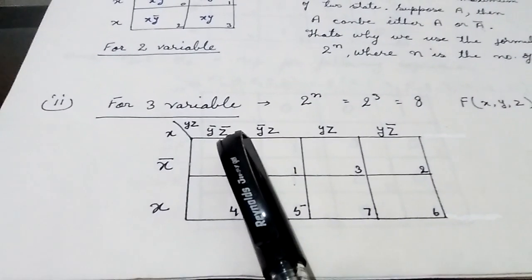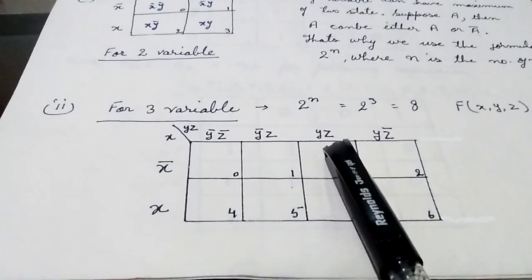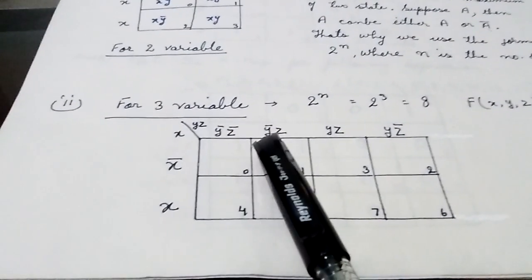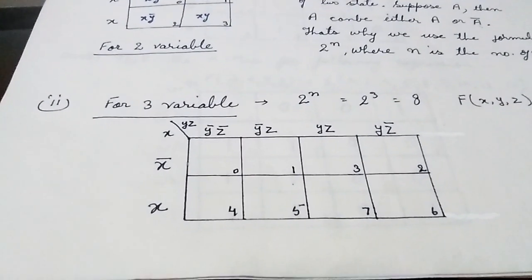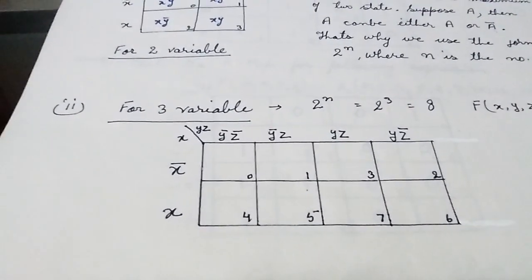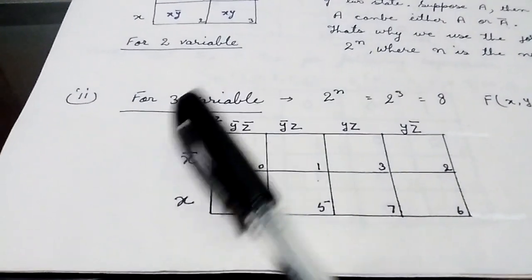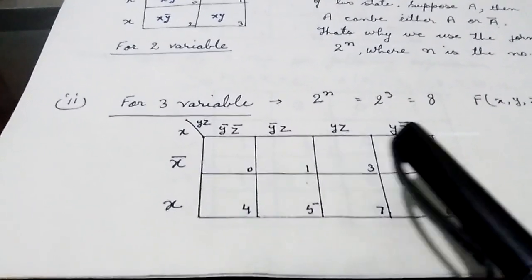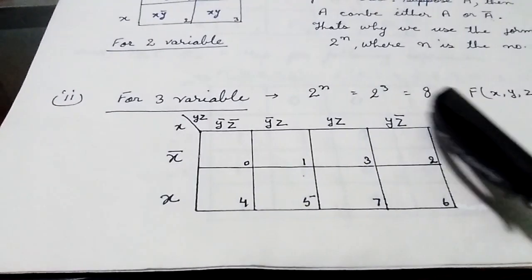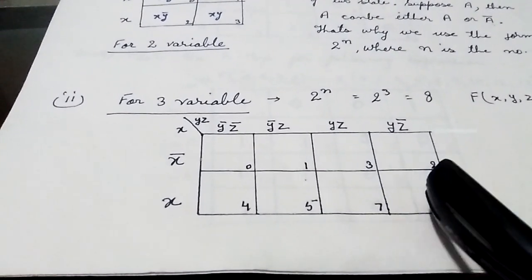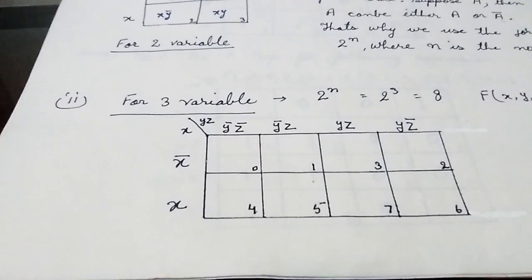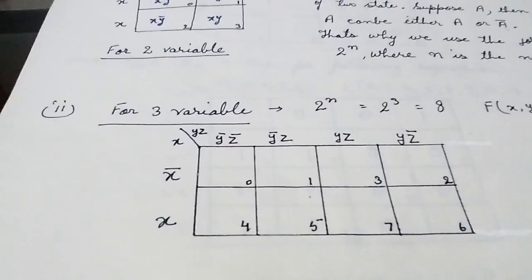The first one y bar z bar, third one yz, then we bar the first y, and the second y z bar. If you remember this combination, it's good. If you don't remember, you can derive the yz combination by just converting these designation values into their min terms.